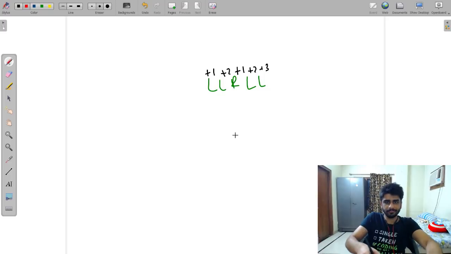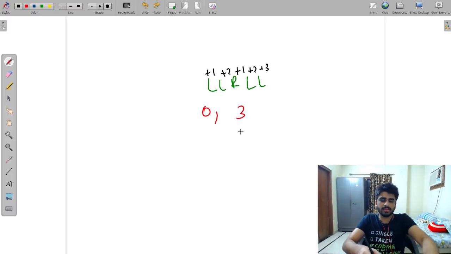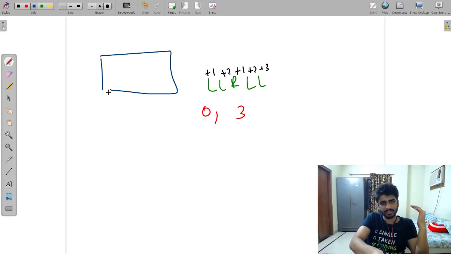So we can see that the maximum right that we have gone is just 0, but the maximum left that we have gone is 3. So whatever the board length is in the left-right direction, we have to make sure that we do not start in the last three columns.